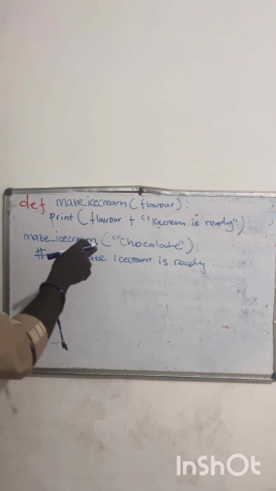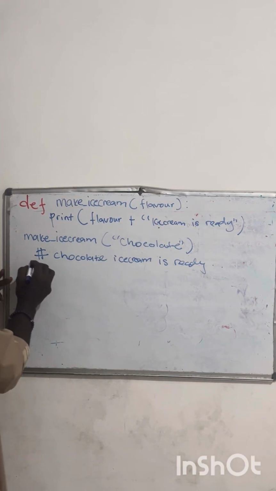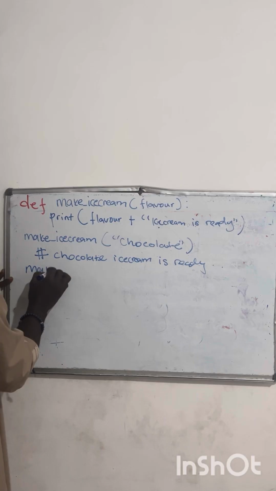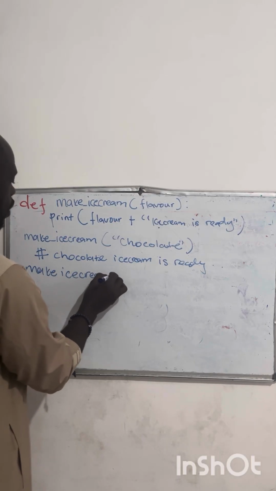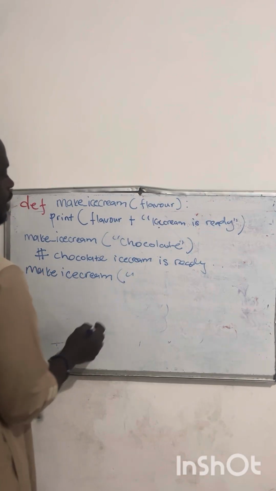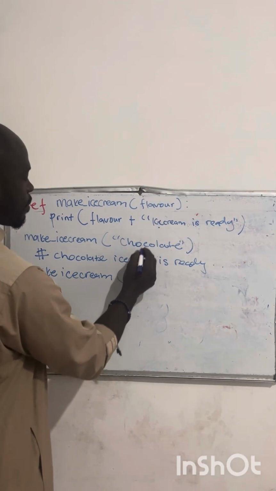So let us call the function while using another argument. If we call the function make ice cream, at this time we'll pass another argument.